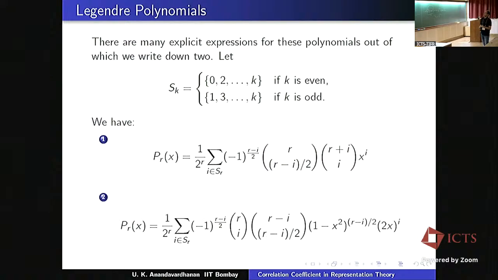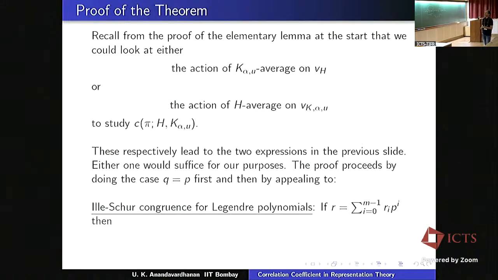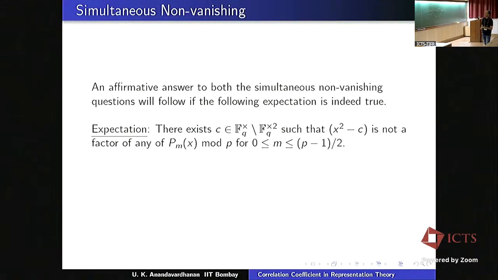By replacing U by root alpha by a variable, you write the Legendre polynomial, and then the question turns out to be: is there a C which is a non-square such that this is not a factor of any of those? So as m varies between 0 and (q minus 1)/2, you don't have this as a factor. This will be the answer to the simultaneous thing.